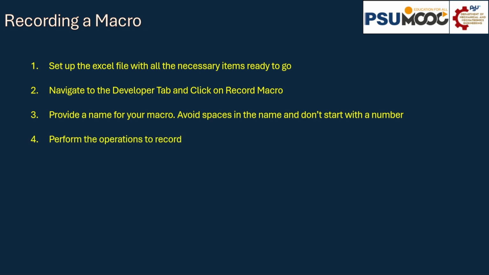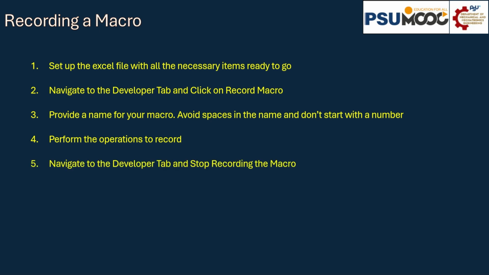Step 4. Perform the operations to record. Once the recording starts, most of the things you do in Excel, selecting cells, formatting, typing, etc. will be recorded as part of the macro. Make sure you are performing simple operations at a time to minimize recording errors. Step 5.